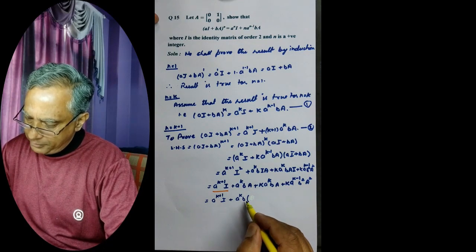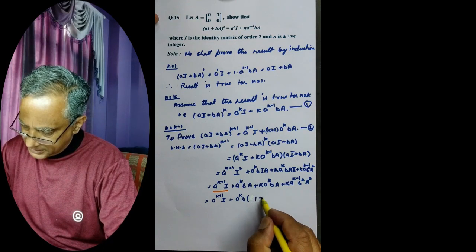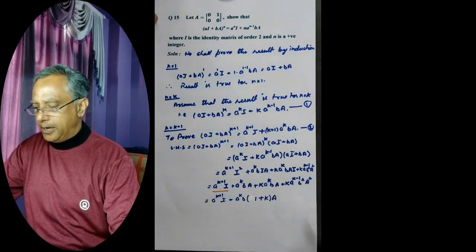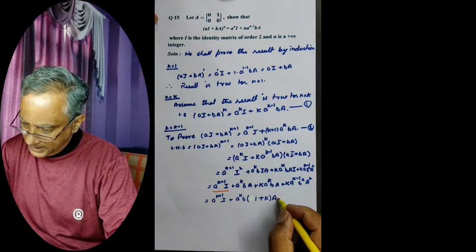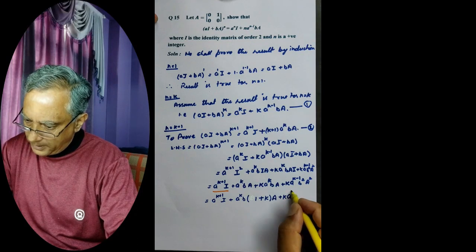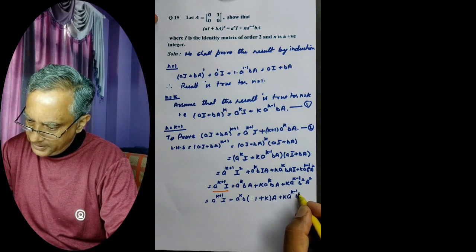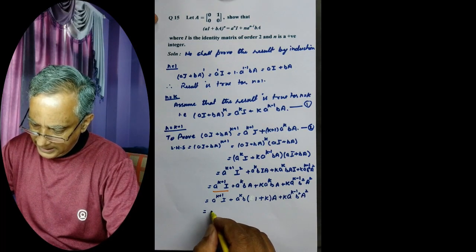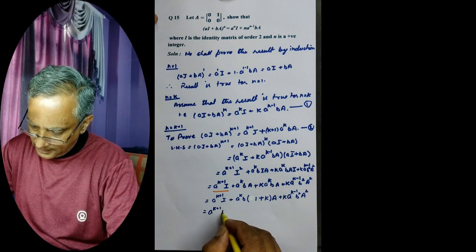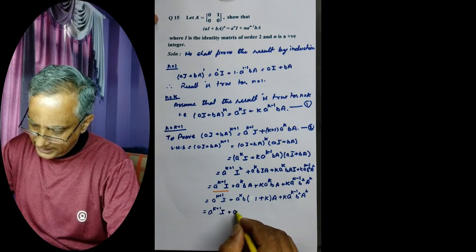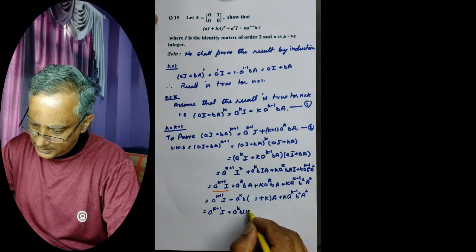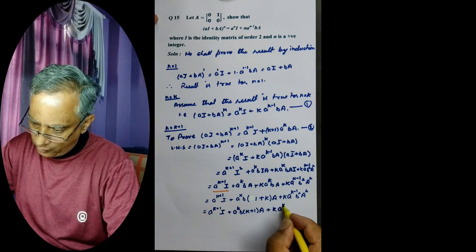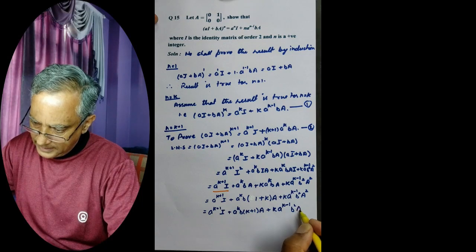So we get a^k b, here we will get 1 plus a^k bA is common plus k into A. I am writing A here. So plus k into a^(k-1) b square A square. So this is equal to a^(k+1) I plus a^k b into (k+1) A plus k into a^(k-1) b square A square.